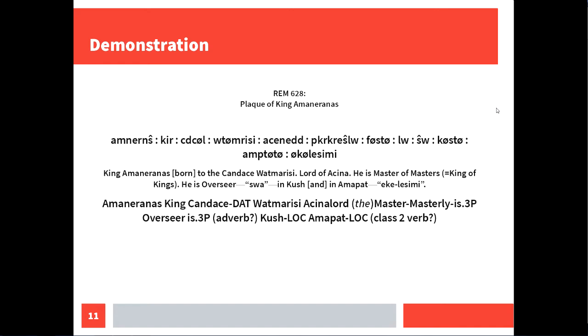Facenti, or Facent, is viceroy, but obviously that doesn't make sense in this context, so I've just given a placeholder translation of overseer, but it's a political title. SW, which I haven't translated in the main translation, but it's most likely an adverb.